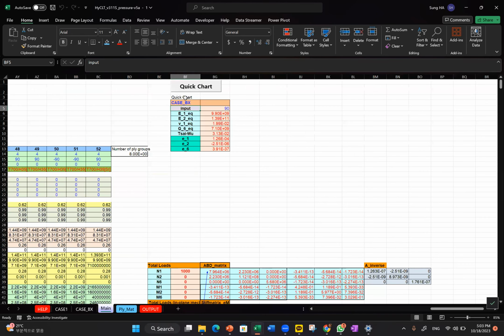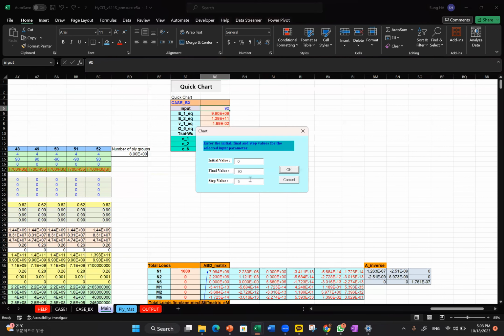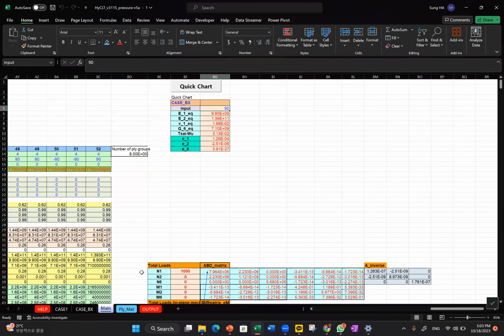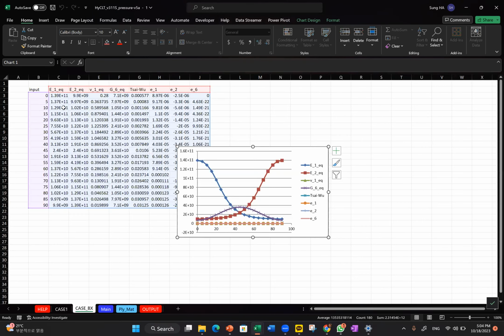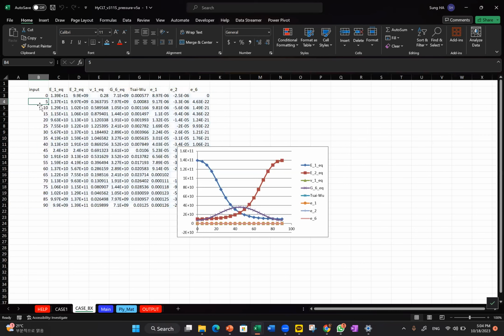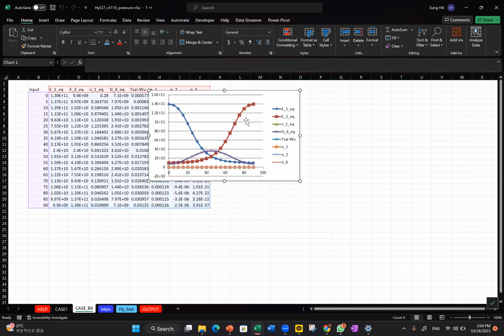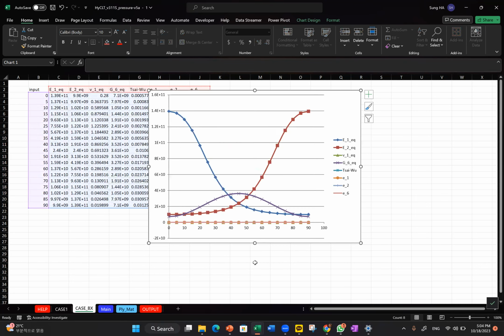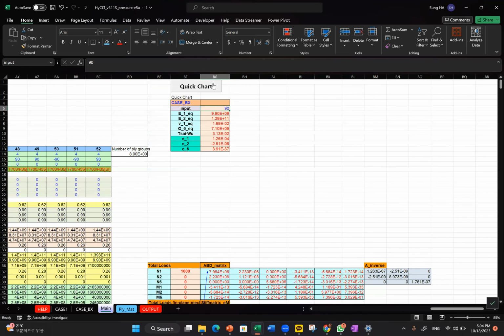Why? Because we entered the name case BX, and 90 as the input value, changing from 0 to 90 by step value 5, and then the output will be automatically calculated. So as you can see, 0, 5, 10, and so on is automatically calculated and then plotted. That is what this macro means.